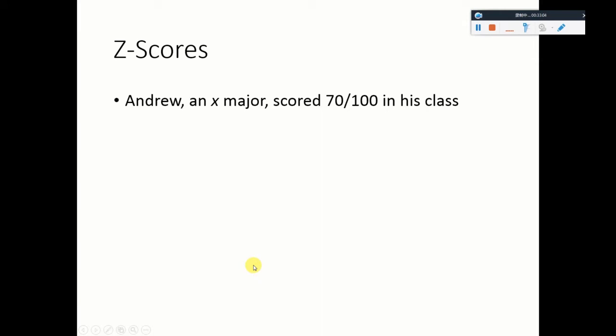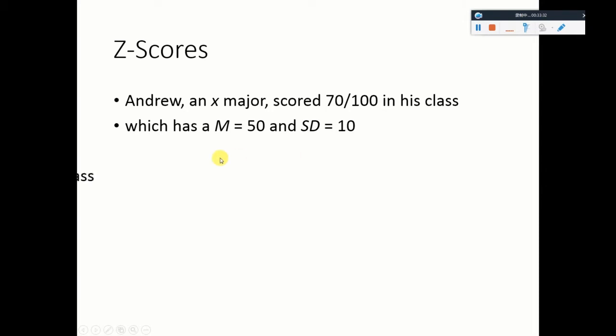Now we can solve this problem. So Andrew has a score of 70 out of 100 in his class, and now we provide a second piece of information for this question. This class, the overall distribution of the performance of all students in this class, has a mean of 50 and standard deviation of 10.